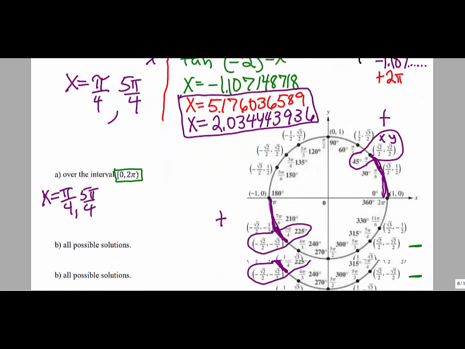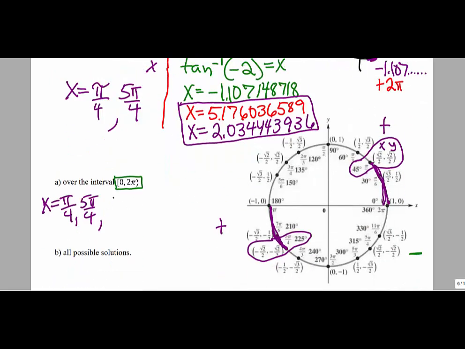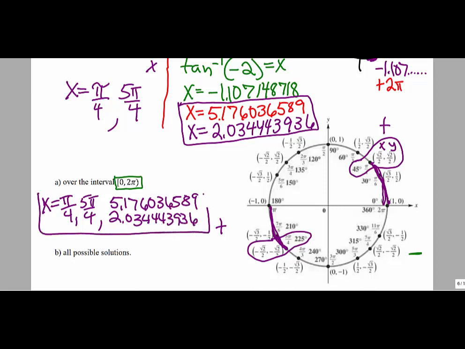So we're going to write those 2 down as 2 more of our solutions. So we have 5.176036589, and then the quadrant 2 angle. Okay, so these are our 4 solutions that we found that fit in the interval from 0 to 2 pi.